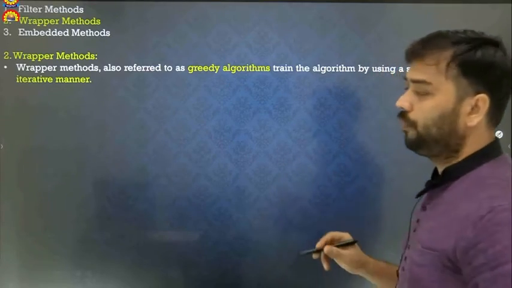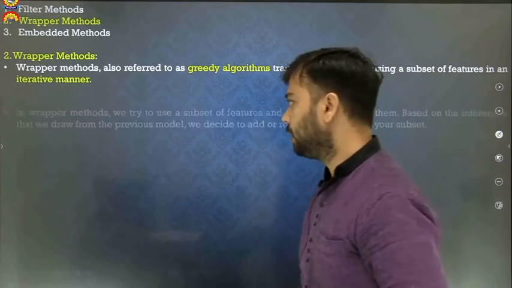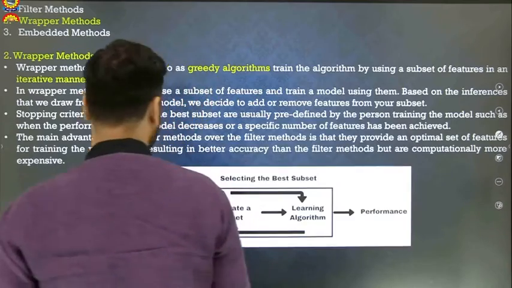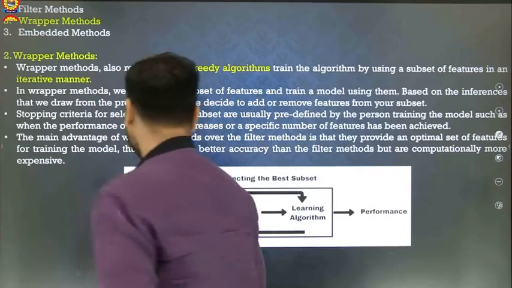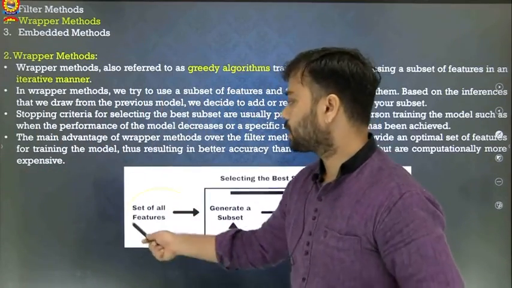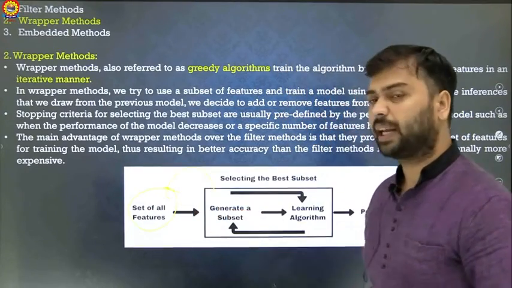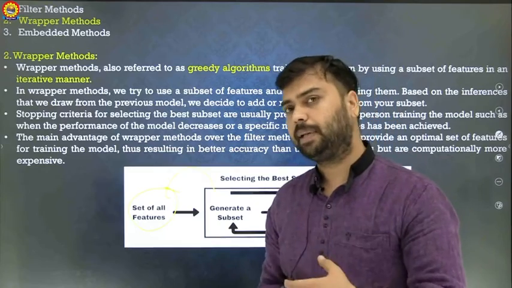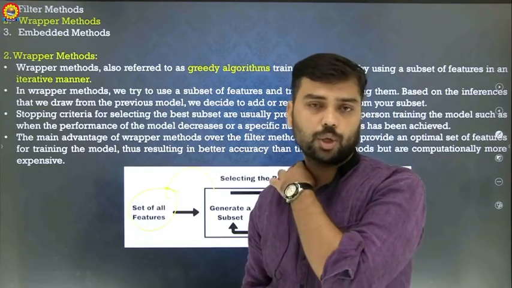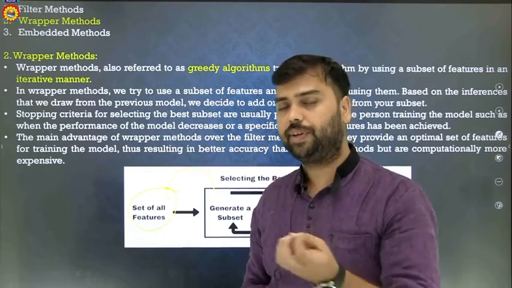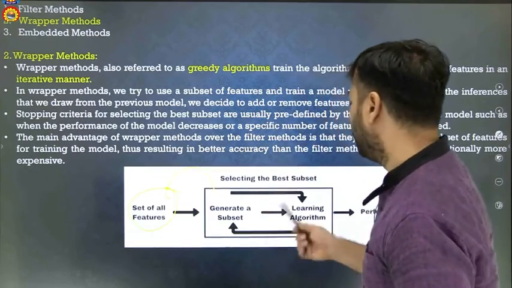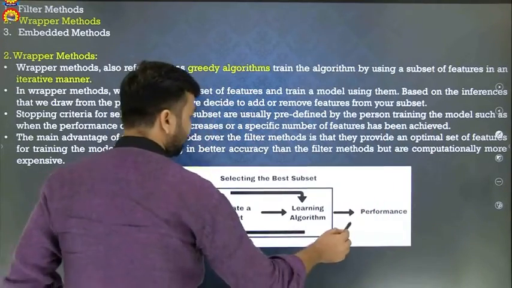Now the wrapper method is also a very important method. See the diagram. What we do, we have a set of features. Now from these features we create a subset. The subset is randomly created, and we can also use filtering before it. So we choose the subset, apply it to the learning algorithm, and check the performance.